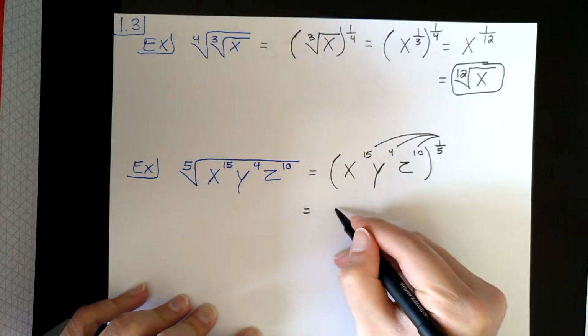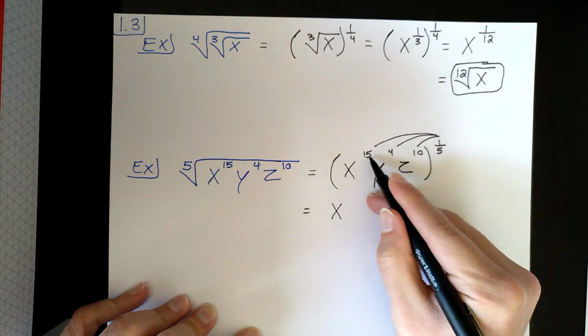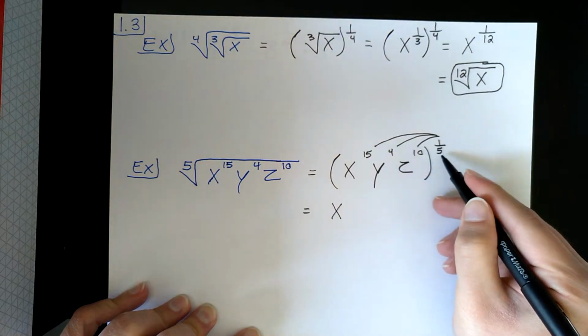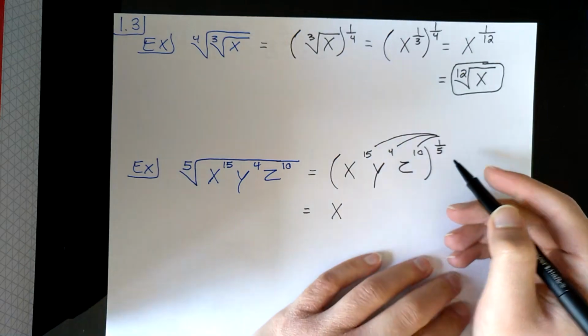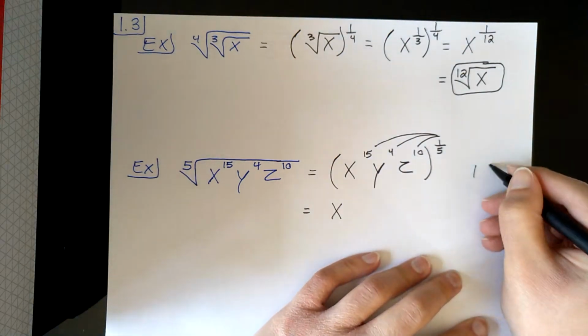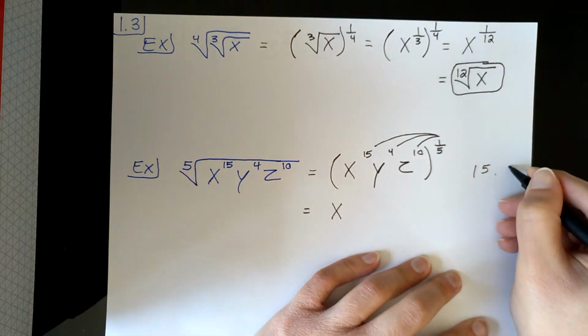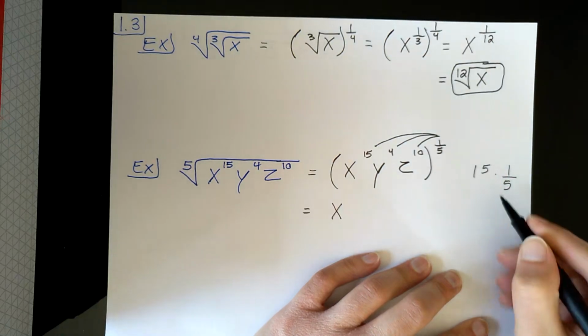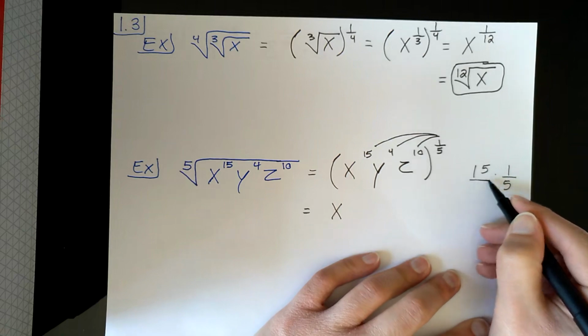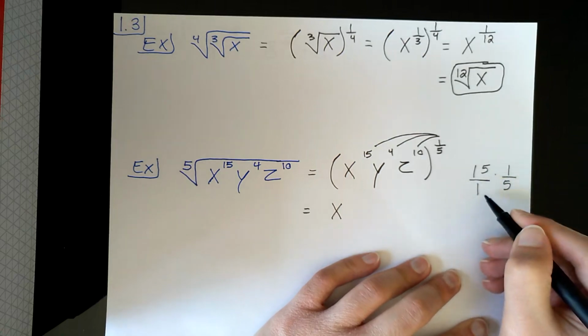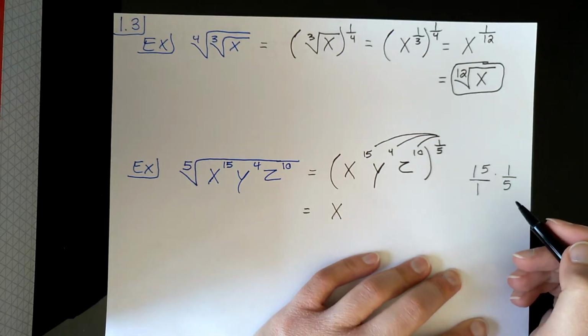So that gives us x to the 15 times 1/5. I'll show this off to the side just for the first one. 15 times 1/5. We need to change this 15 to a fraction, so we'll put it over 1. You can put anything over 1 and it doesn't change the problem.